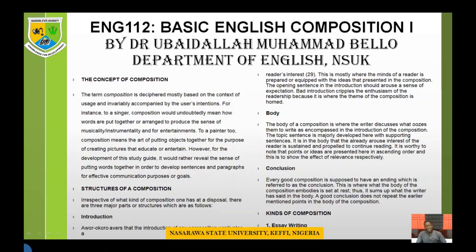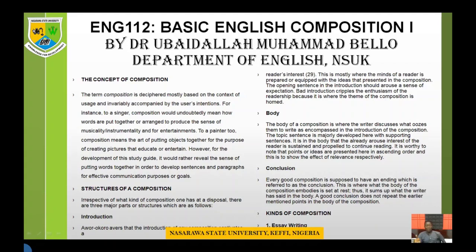The term composition is deciphered mostly based on the context of usage and invariably accompanied by the user's intentions. For instance, composition to a singer would undoubtedly mean how words are put together or arranged to produce the sense of musicality or instrumentality.